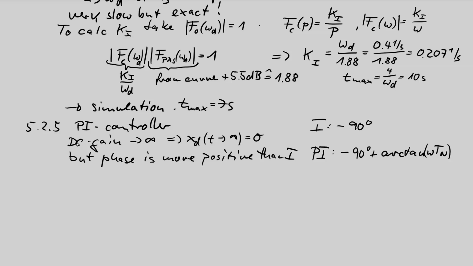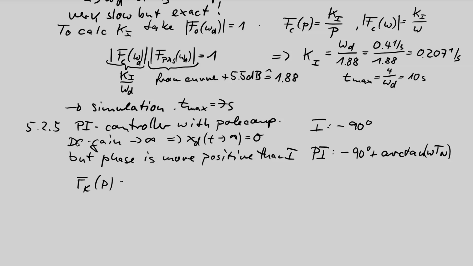Okay, steps to design. In this chapter 5.2.5 we want to show the PI controller with pole compensation. Pole compensation means we have a 0 in the controller.